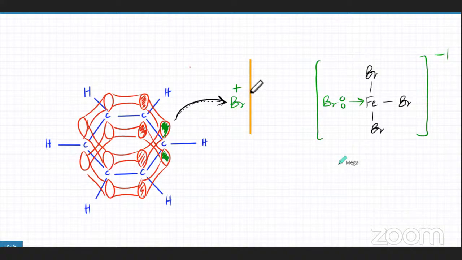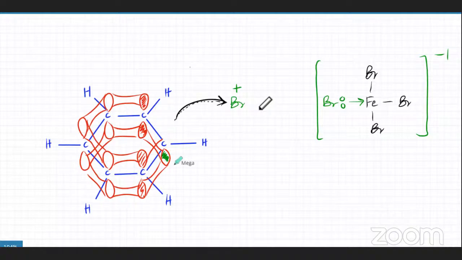But now the positive bromine, the bond has broken, so let's get rid of that. The electrons are going to get attracted to the positive bromine. So these electrons will stop the overlapping that's happening on both sides. Okay, so the overlapping will stop, right?